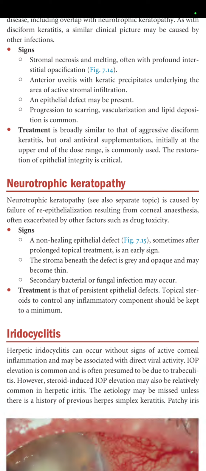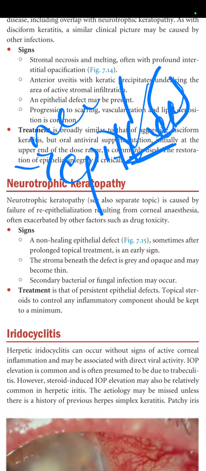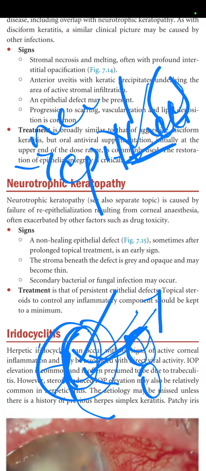So basically what happened is, we know that there is a decreased corneal sensation in case of viral keratitis, and the epithelium fails to reepithelialize because there is an anesthetic effect that is present here, the sensations are not coming back, and the cornea does not know to reepithelialize itself, and it is mostly because of the drug toxicity.